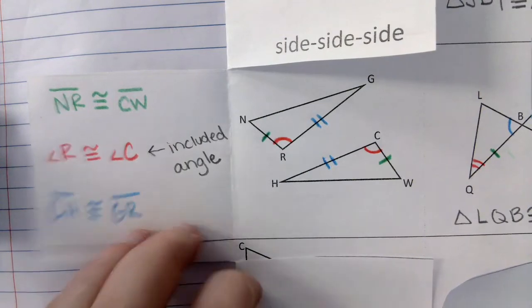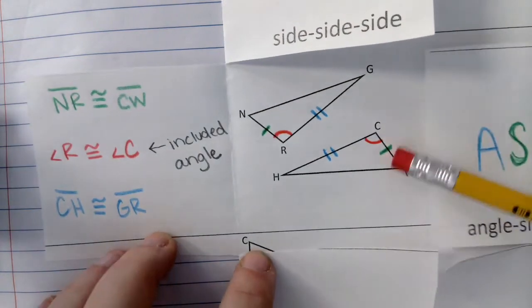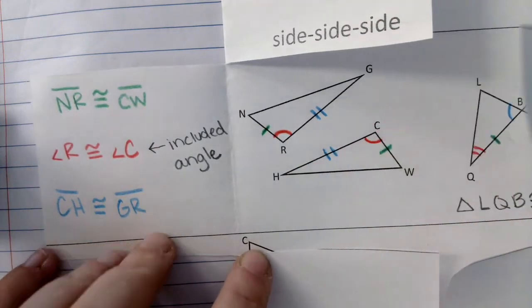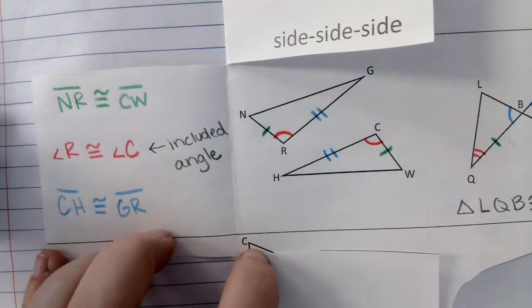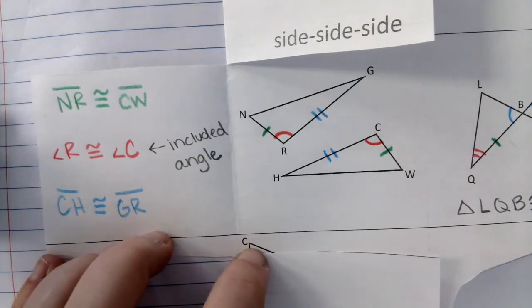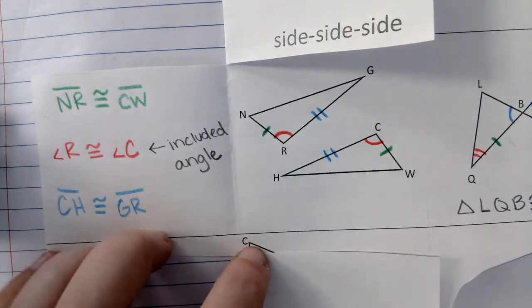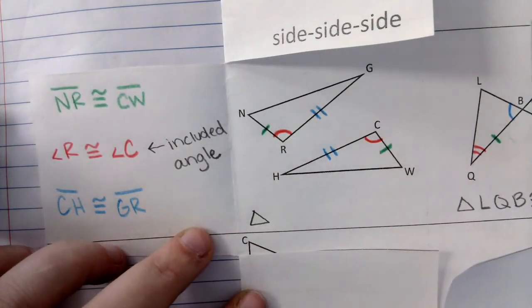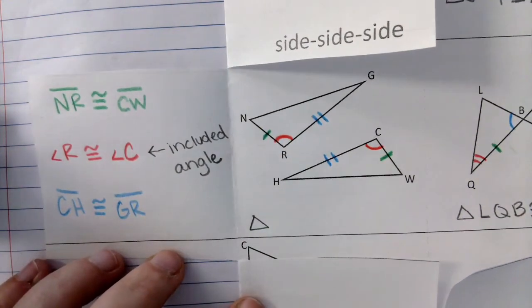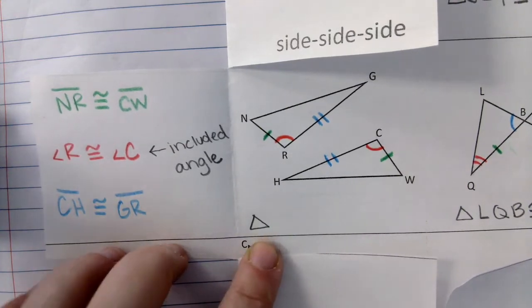Alright, for our triangle congruence statement, the first triangle, we get to name it however we please. Samaya, do you want to name our first triangle? C. H. And then W. Perfect. First one's no pressure because you get to say it in whatever order you want. Now the second one, we have to match it up.